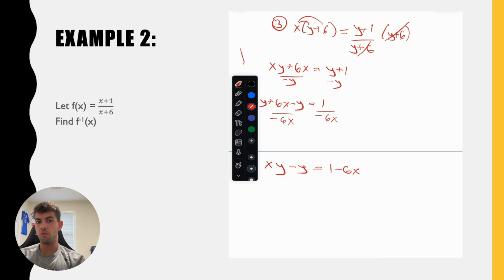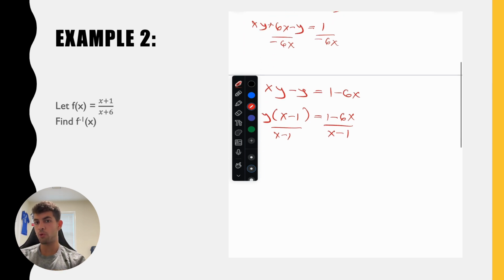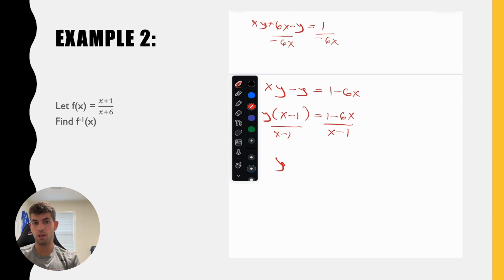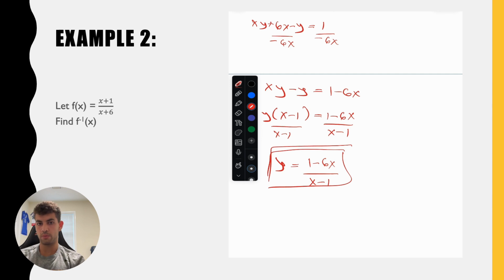Now, we'll factor out the common factor from the left side, which is y, to get y times (x minus 1) equals 1 minus 6x. Finally, I'm going to divide both sides by x minus 1 to get the final answer: y equals (1 minus 6x) divided by (x minus 1).